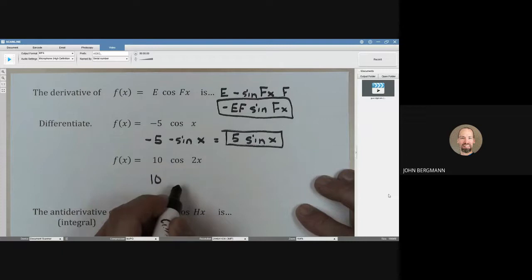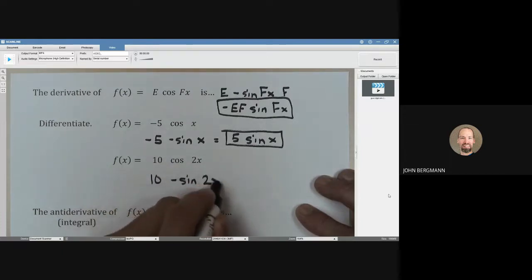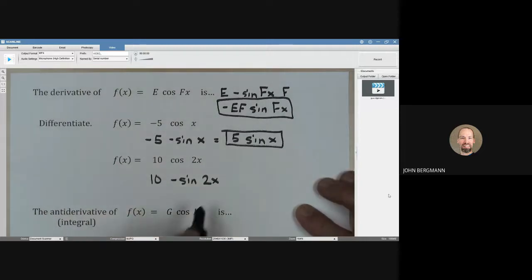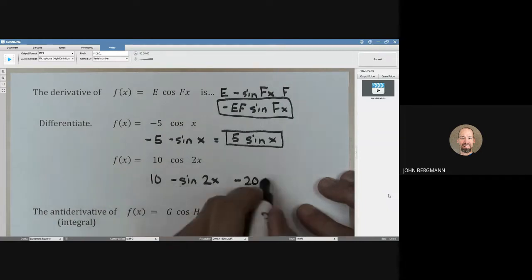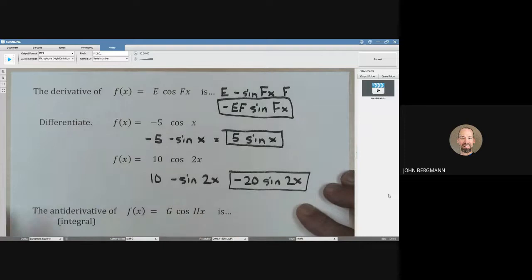Differentiate cosine, you get negative sine of that. And then we have to multiply by the derivative of this, which is 2. So I'm seeing negative 20. Did I do that right? Negative 20 sine 2x. Just like that.